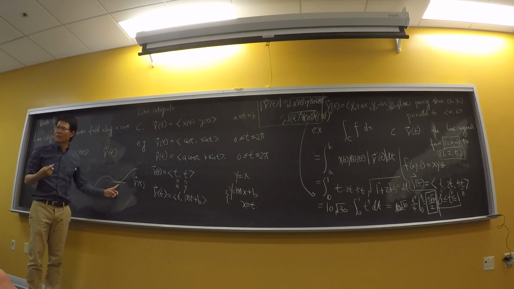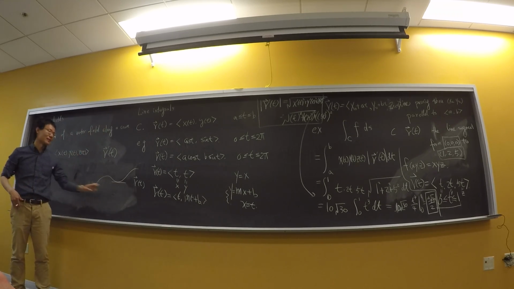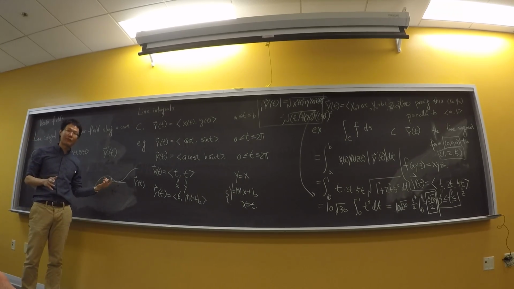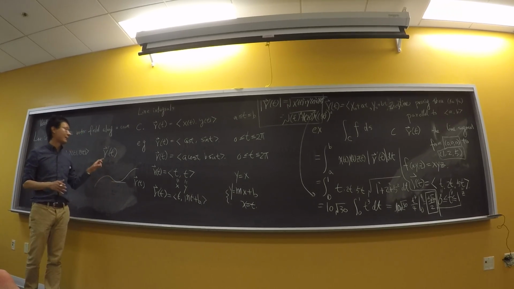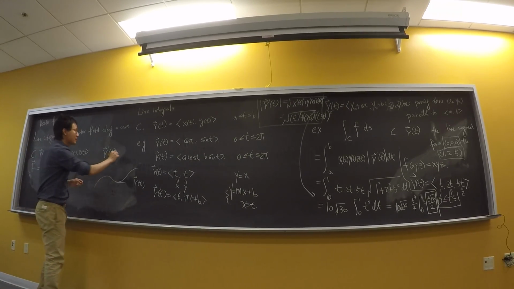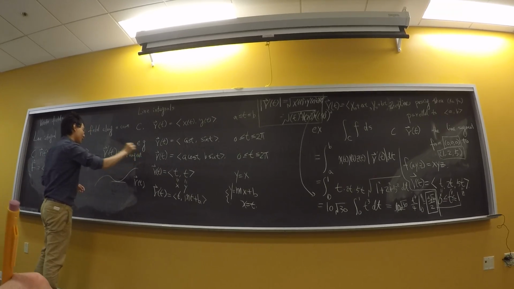So if I have a vector function to define a curve and I want to find the tangent vector, I take the first order derivative. This is nothing but the tangent vector.